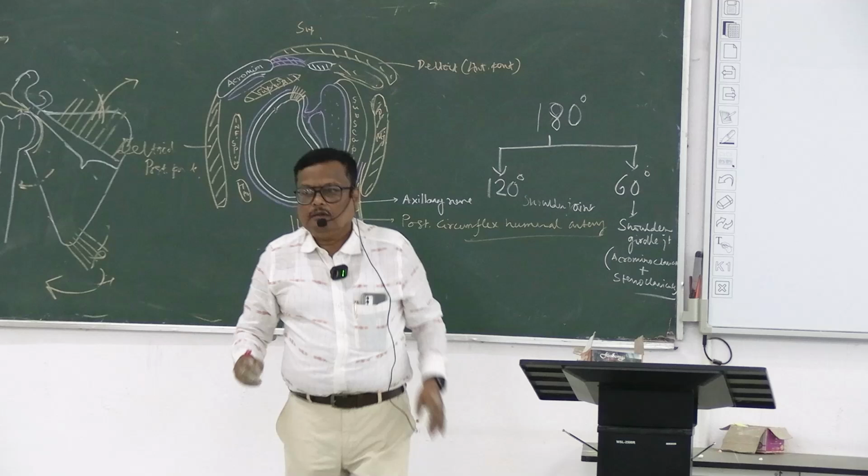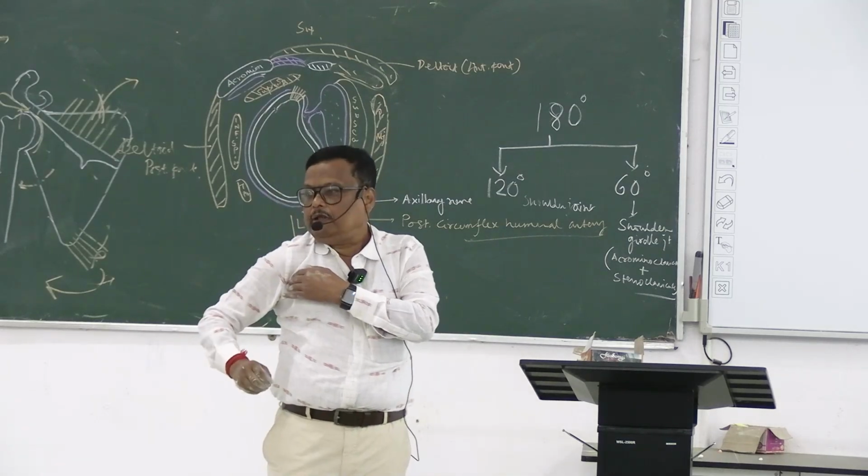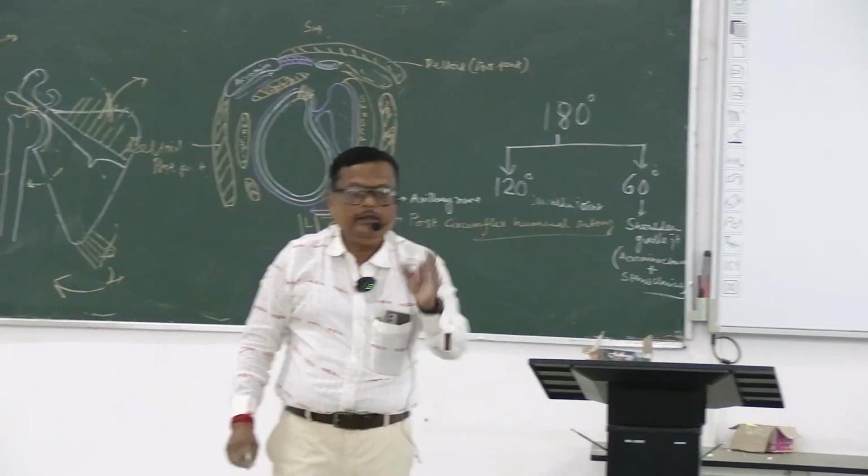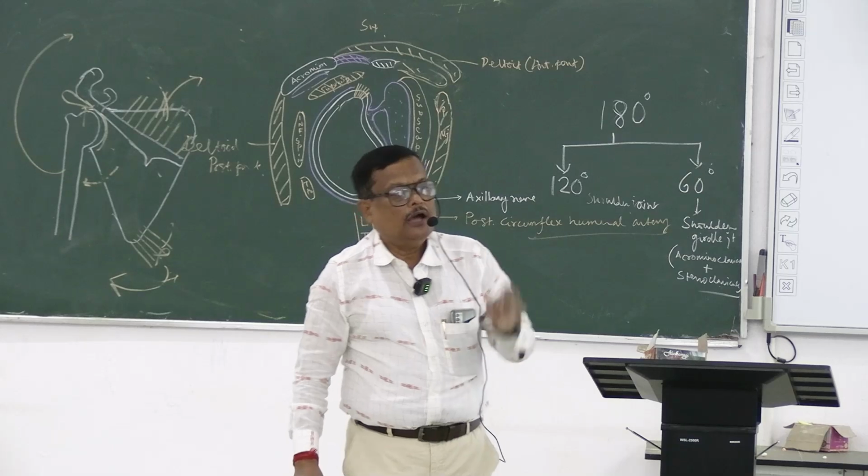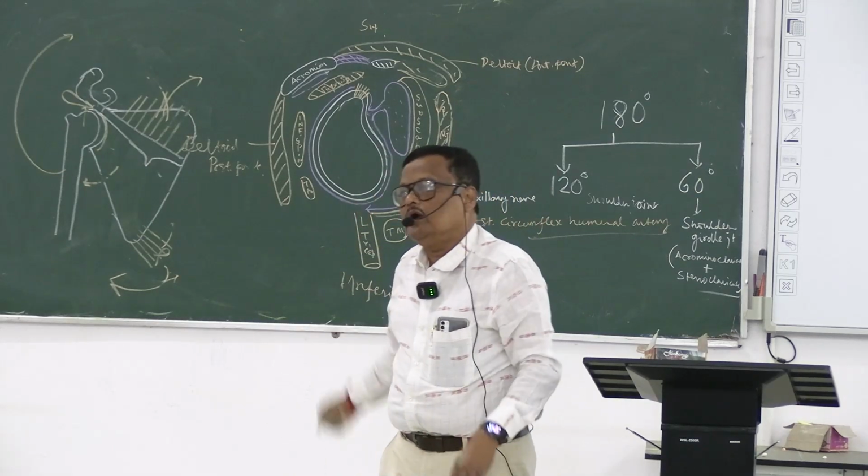It has been seen that every 15 degree abduction, 10 degree occurs in the shoulder joint and 5 degree occurs in the shoulder girdle joints.